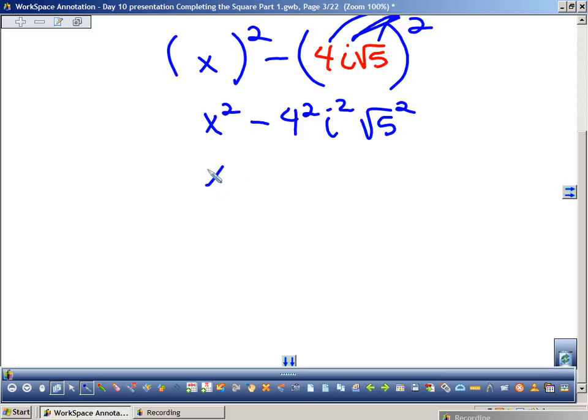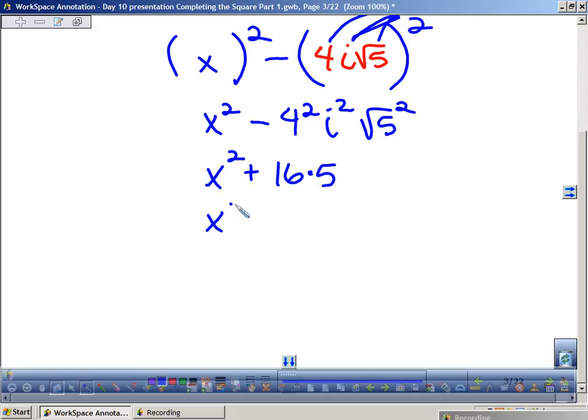When I do that, I get x squared minus 16. i squared is negative 1, which makes that positive, and root 5 times root 5 is just 5. And 16 times 5 is 80. Plus 80.